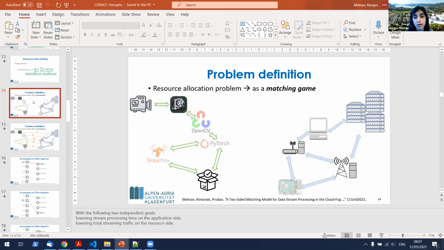We assume that the user has designed such an application in advance, and then wants to deploy it on the computing resources, so that based on the requirement of each component or microservice, our method will decide how to deploy that. This is an assumption for our work.